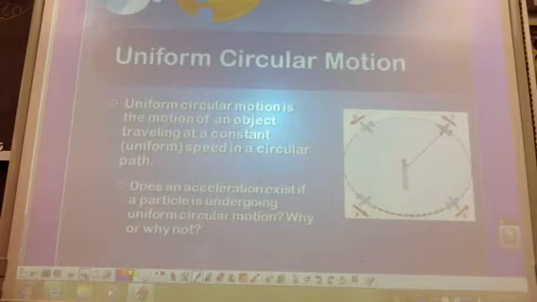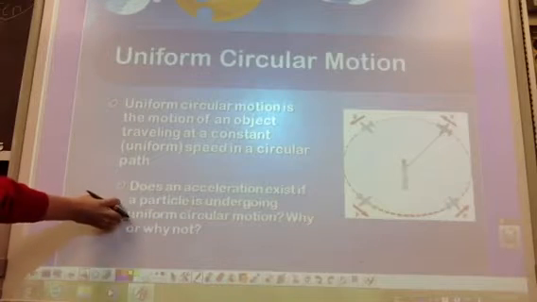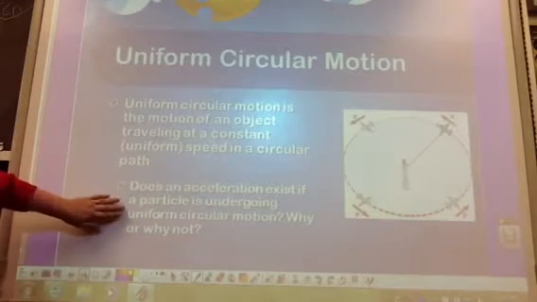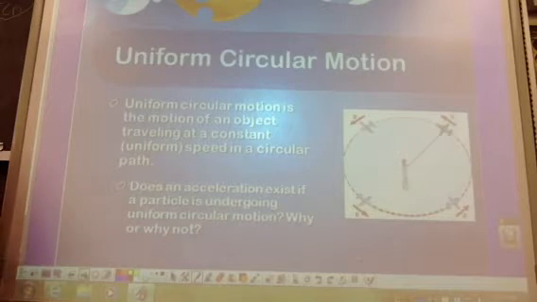The magnitude of the velocity vector is going to be constant. But because acceleration is a vector, once I change the direction of the velocity vector, I'm going to have some type of acceleration. So because we're changing direction, we do undergo acceleration in uniform circular motion.